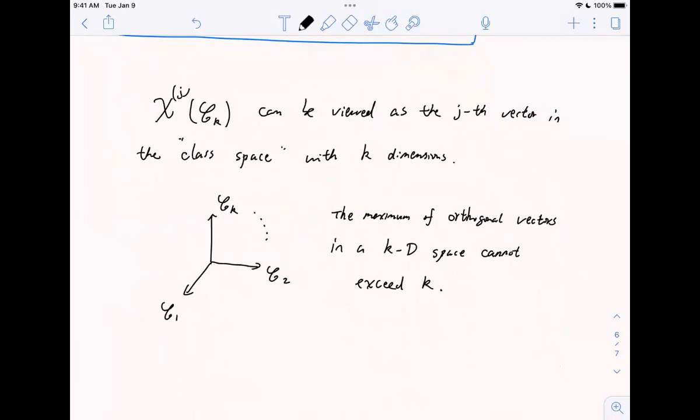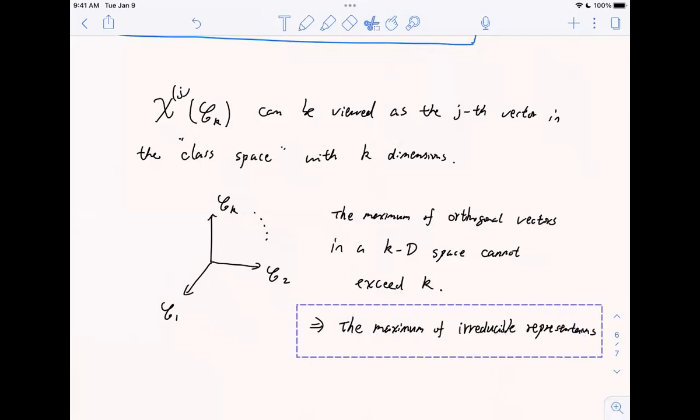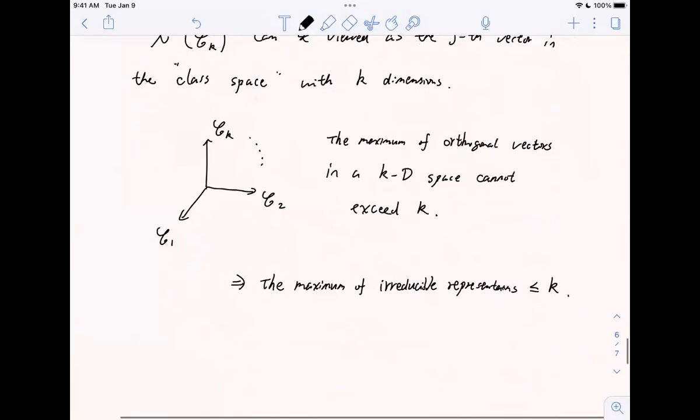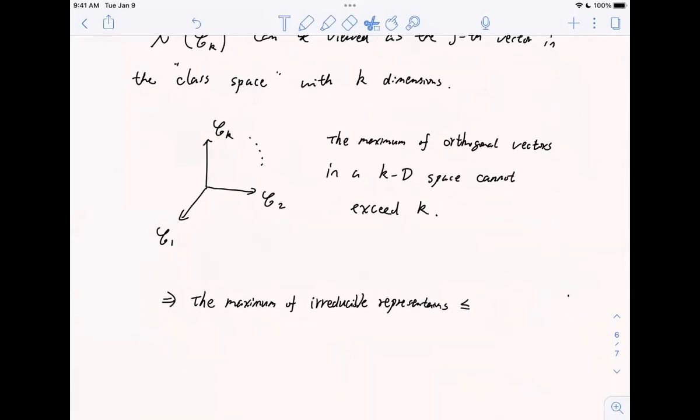That means the maximum number of irreducible representations is smaller than or equal to k, the number of classes.